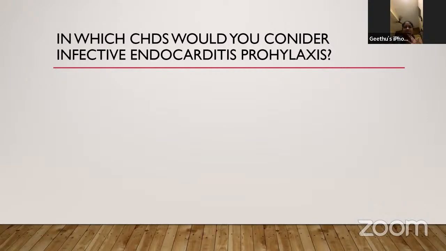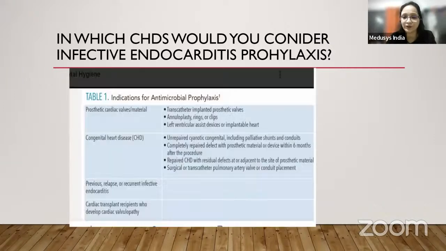Okay, you are right. Basically, I want you all to read more about it, because there are two things actually: the surgical indication, what exact dental procedure and what invasive surgeries, that is one part, and what congenital diseases, that is the second part. So this is just the second part I'm putting here. The first is any prosthetic cardiac valve material. She said regarding congenital heart diseases: unrepaired cyanotic congenital heart diseases, or completely repaired defects with prosthetic material or device within 6 months after the procedure, or repaired diseases but still with residual defects.